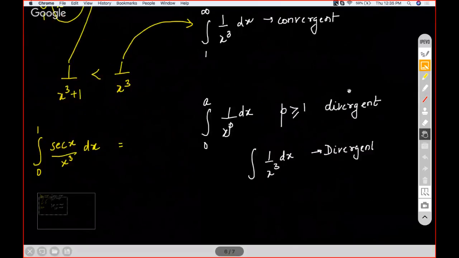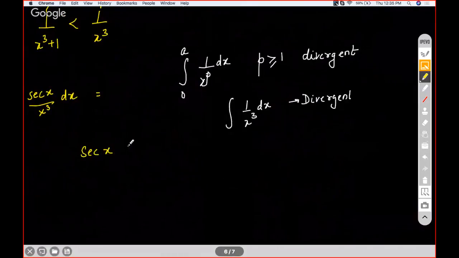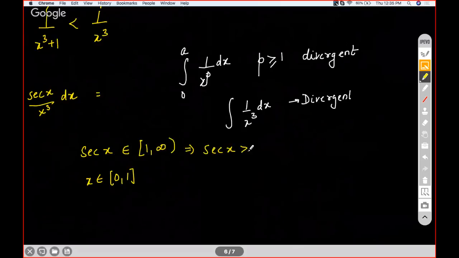Now, we know that sec x always lies between either minus infinity to minus 1 or 1 to infinity. So in the interval 0 to 1, when x lies between 0 and 1, this will always be greater than or equal to 1, right? So between 1 by x cube and sec x by x cube, which is greater?